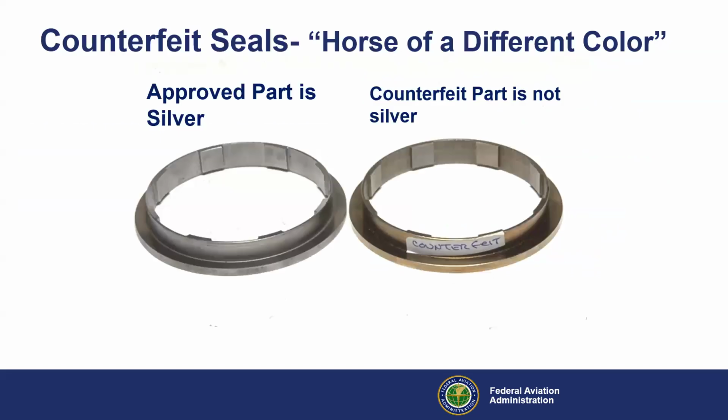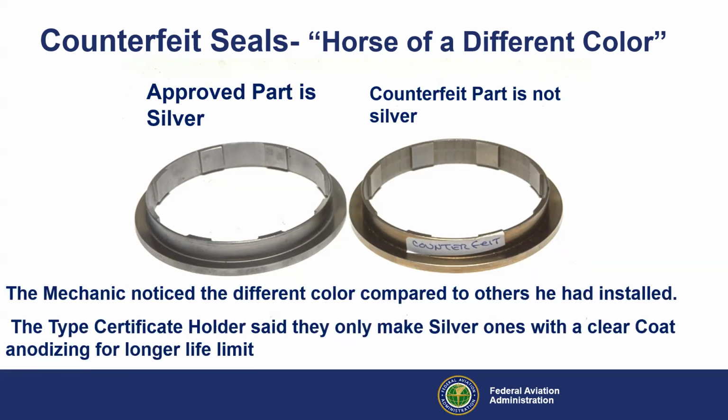Counterfeit seals, a horse of a different color. The approved part on the left has a silver coloration, and the counterfeit part on the right is not silver. I don't know what color you'd call that, but it does look different. The mechanic noticed the different color, and he was familiar with the others he had installed, so he called the type certificate holder, who said they only make silver ones with clear coat anodizing for a longer life limit.